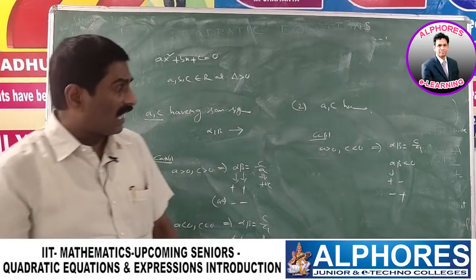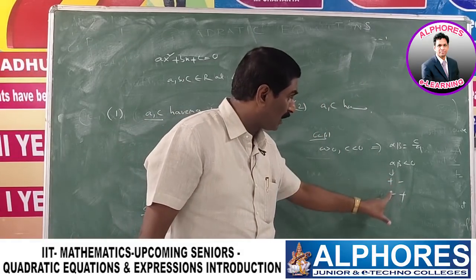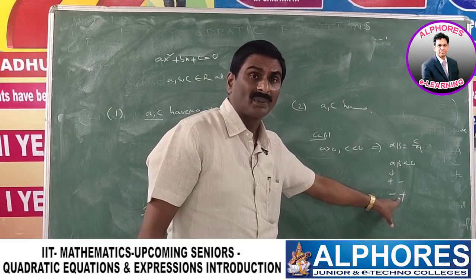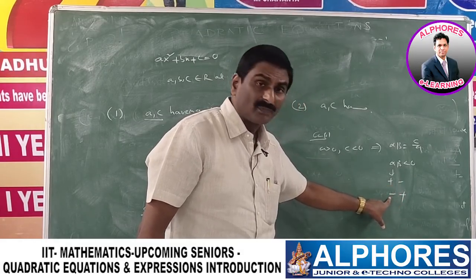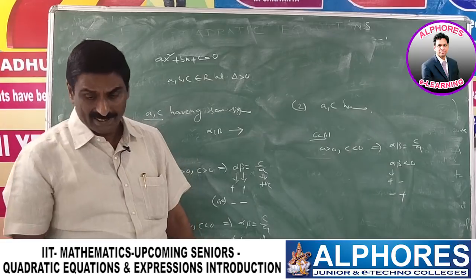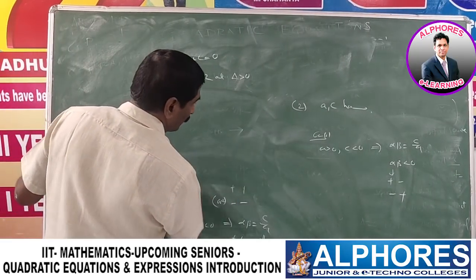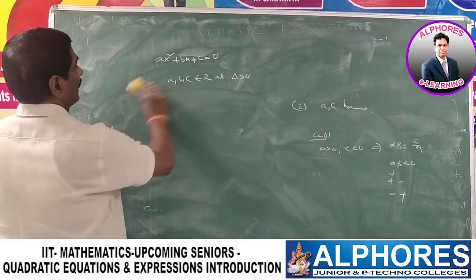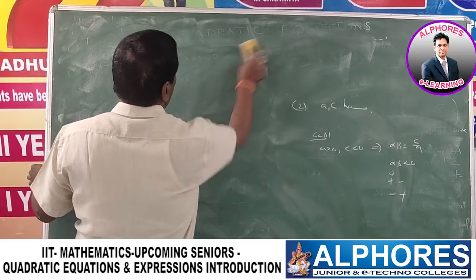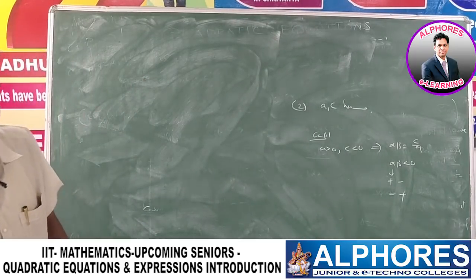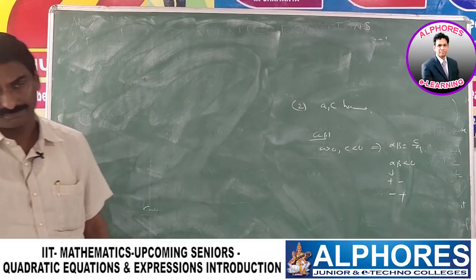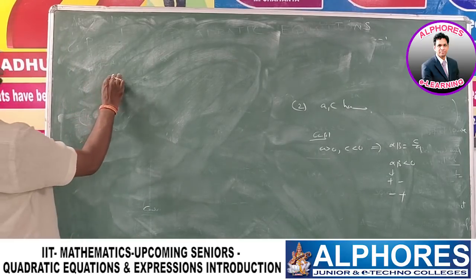That means alpha is positive, beta is negative, or alpha is negative, beta is positive. It means both the roots have opposite signs. Similarly in case 2, if A less than 0 and C greater than 0, then we get both roots having opposite signs.